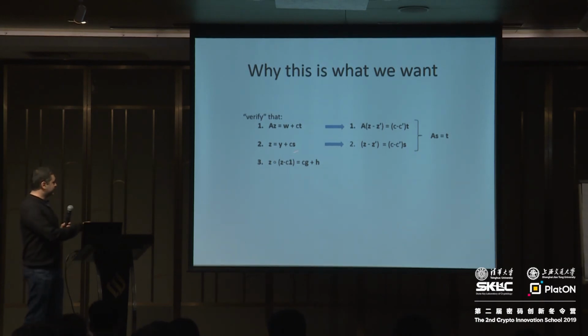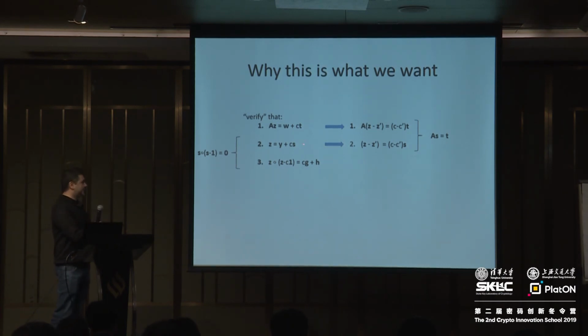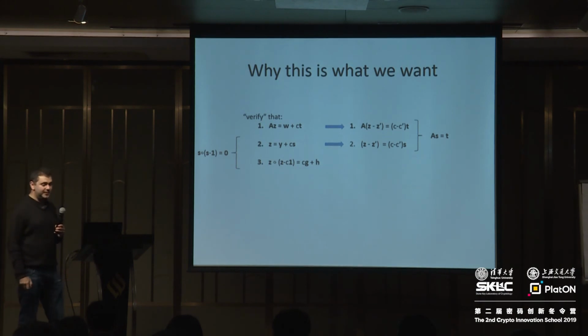So if you have these two equations, you're convinced that AS equals 2. But that's not enough because you don't know that S is 0, 1. So that's what these two equations are. If you know that Z is Y plus CS, and the component-wise product of Z and Z minus C1 is CG plus H, then I'm going to claim that this actually implies that S component-wise with S minus 1 is 0.